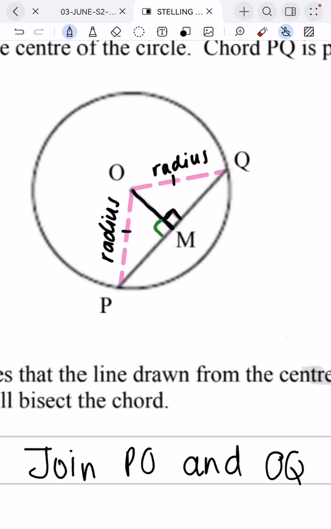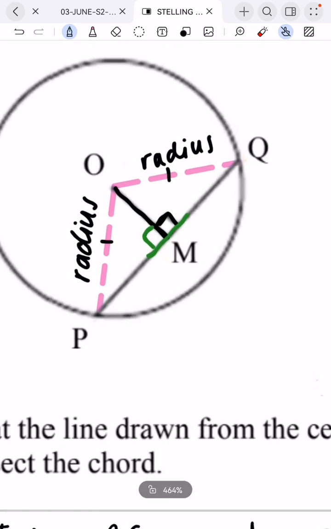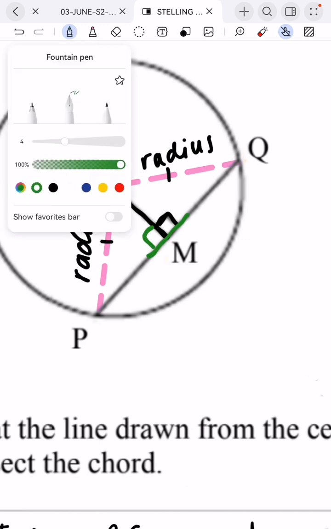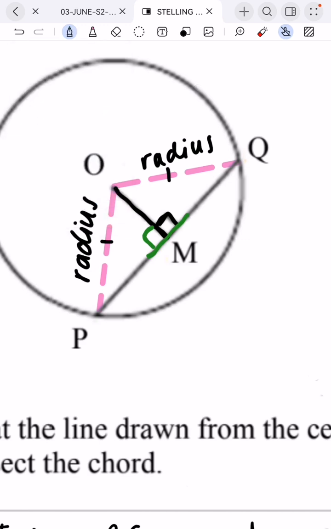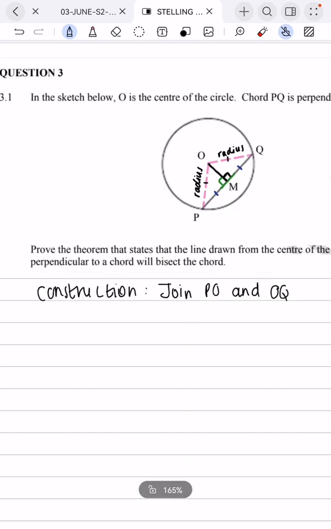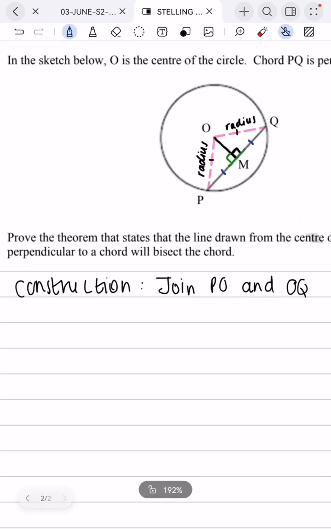Because 90 plus 90 on a straight line should give us 180. Okay, so with that information, we can prove that these two triangles are congruent. For congruent triangles, it means that all the sides and all the angles will be equal. So after you've proved them congruent, you can say that PM will then be equal to MQ. Okay, so construction is done.